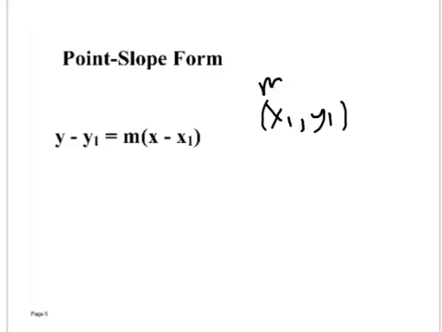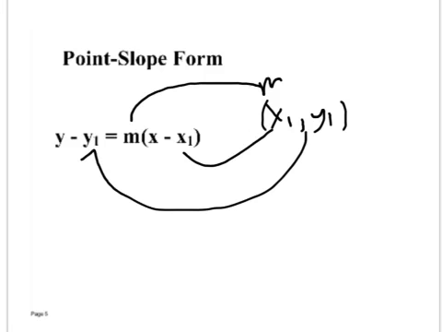What we do is we plug those in to this form. So when they give you a point and the slope, you use point slope form. Much easier than having to solve for the y-intercept.